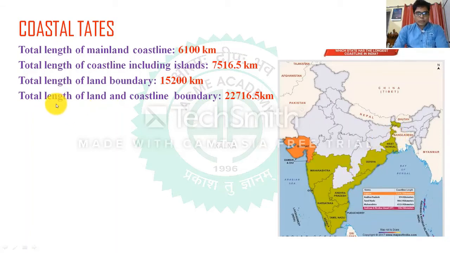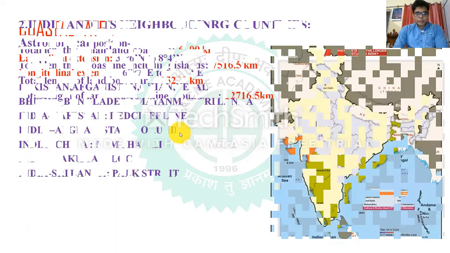The total length, including this one and this one, is 25716.5 kilometers. So this is all about the coastal states.